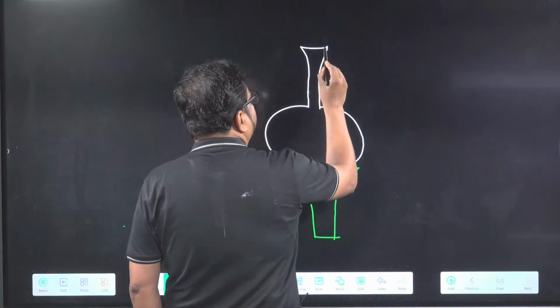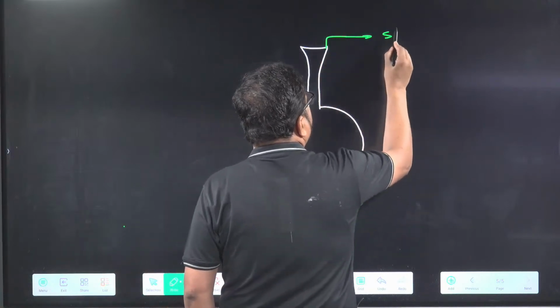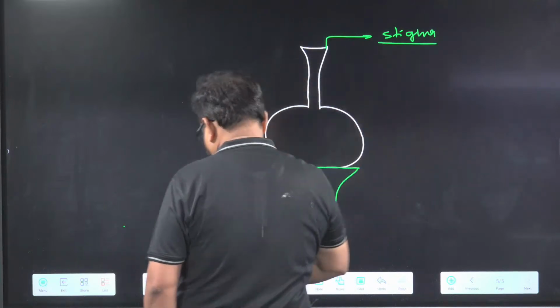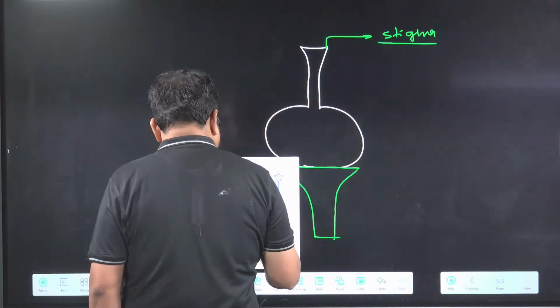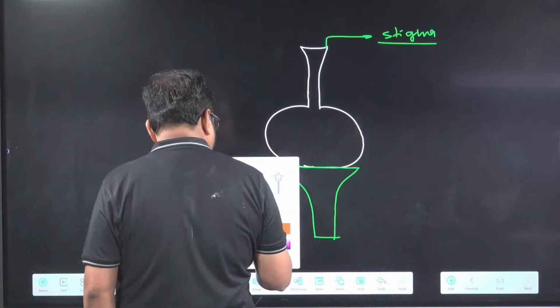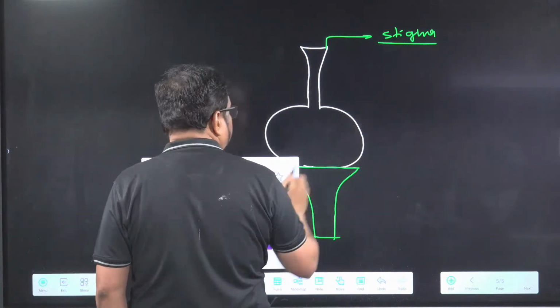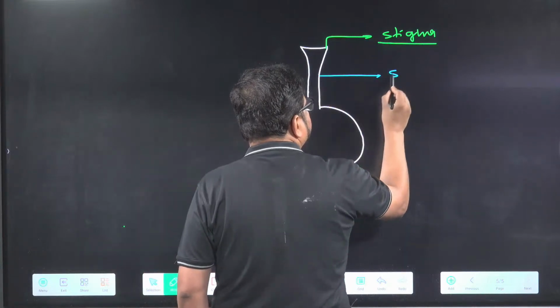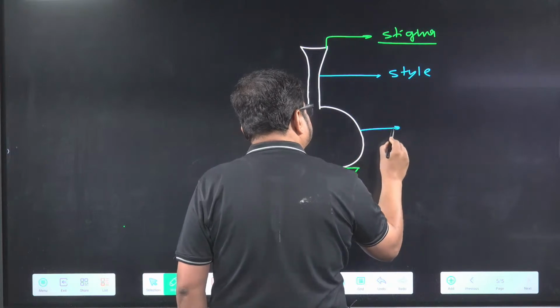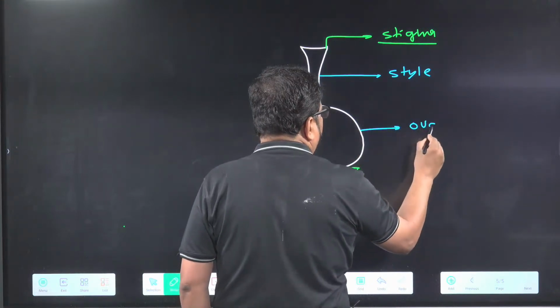So this flattened structure is called stigma. And this tube-like structure is basically the style. And this swollen and basal structure is called ovary.